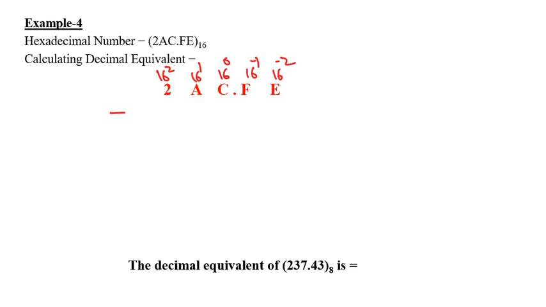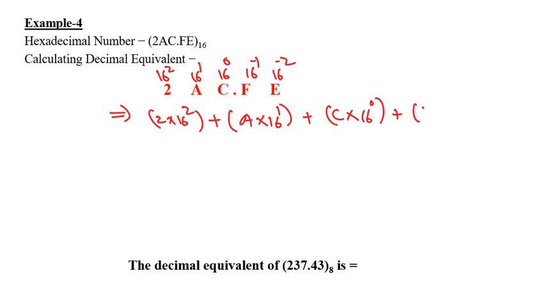Next, we multiply, that is 2 into 16 square plus a into 16 power 1 plus c into 16 power 0 plus f into 16 power minus 1 plus e into 16 power minus 2. If you observe, while multiplying, you cannot multiply an alphabet with a digit.